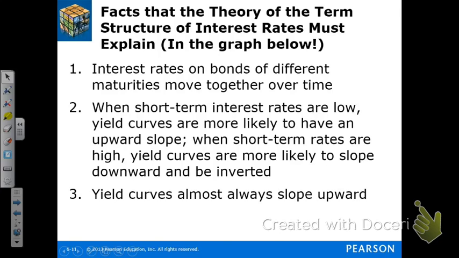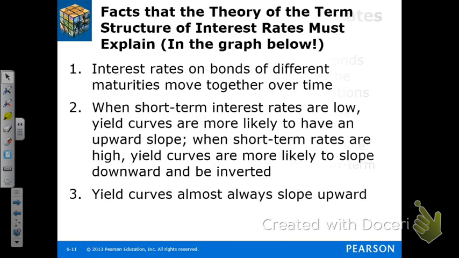Then the second observation that we made was that when short-term interest rates are low, the long-run interest rates are going up compared to the short-run ones. So we talk about the second observation in the context of a yield curve that shows the relationship between the maturity date of the financial asset and the interest rate on that asset. So when short-term interest rates are low, you will see that as the date of maturity increases, the interest rates on the bonds go up.